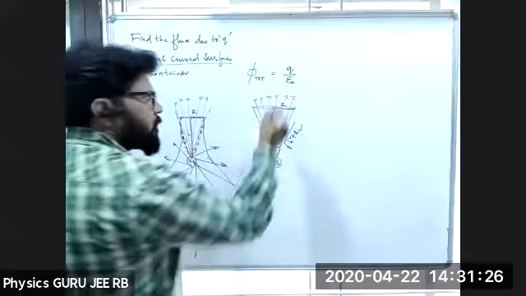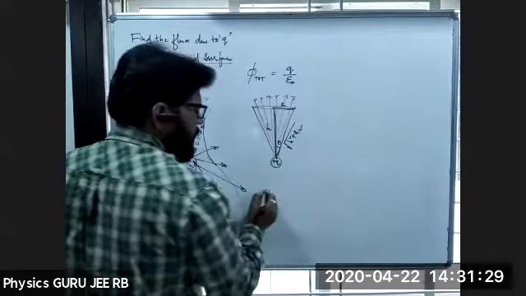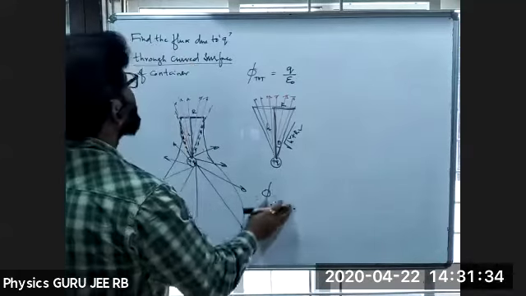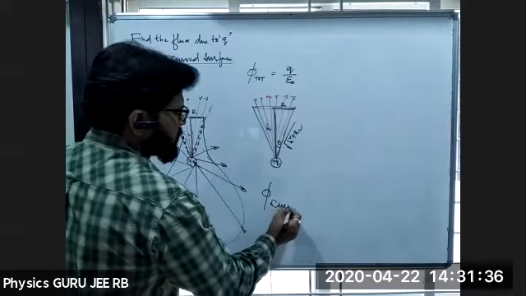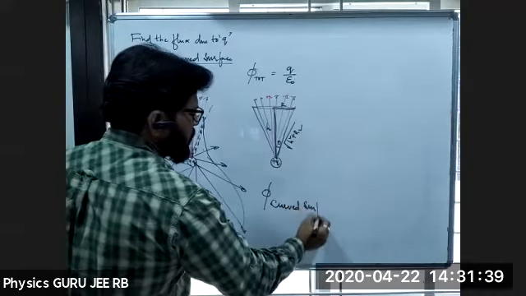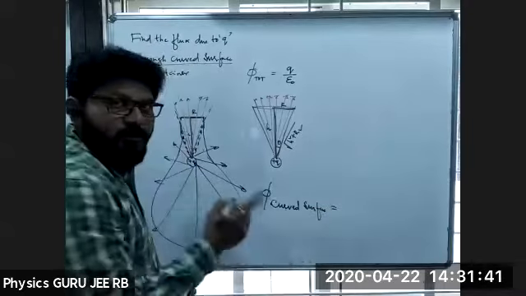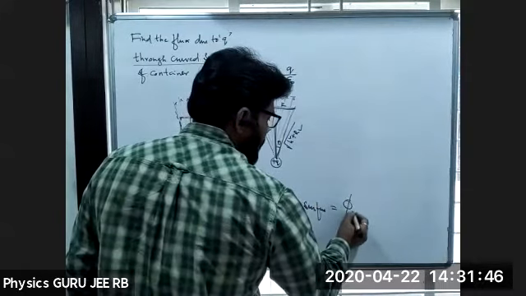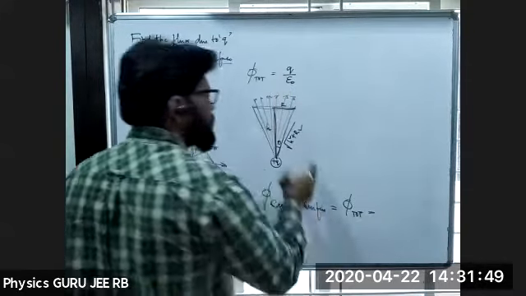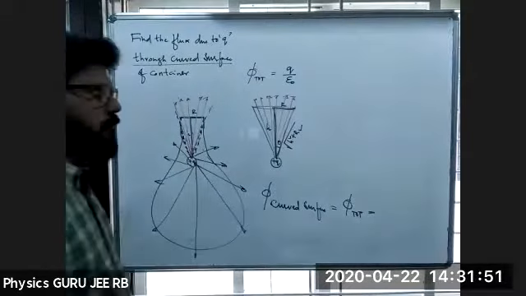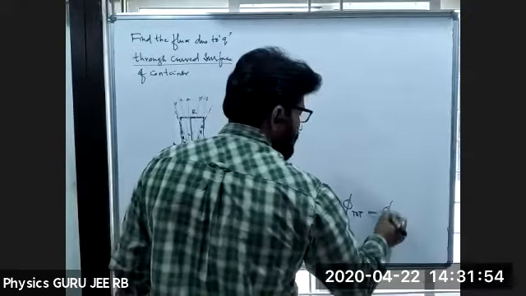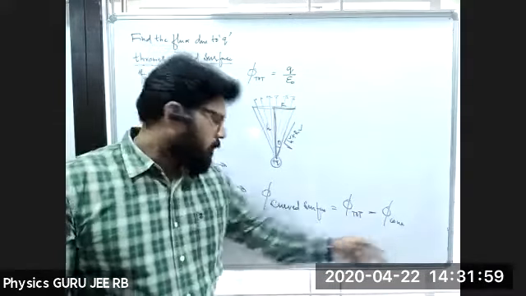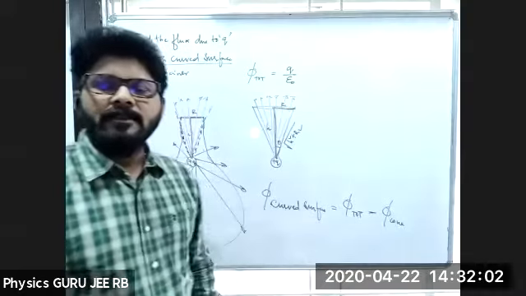So if I want the flux through the curved surface, it equals the total flux minus this removed flux, the flux due to this cone. Total flux minus that due to the cone, then I'll get the curved surface's flux.